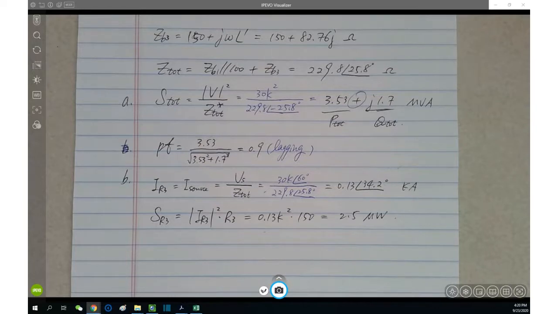And why is it bad? Given a certain amount of total apparent power, if your active power percentage is high, that means the useful power is high. If the reactive power percentage is high, that means the useless power is high.